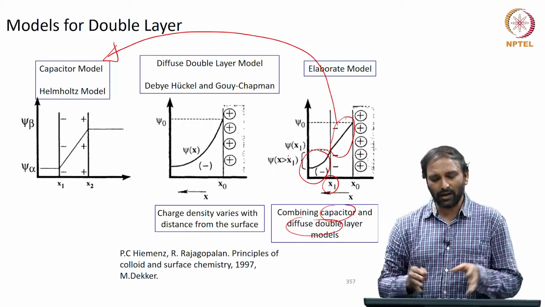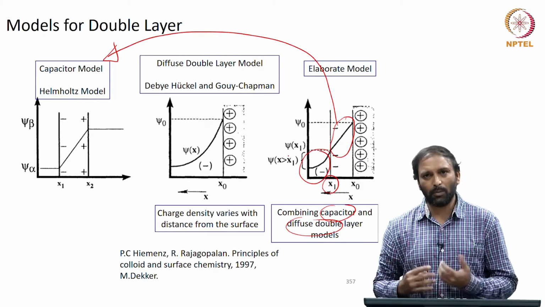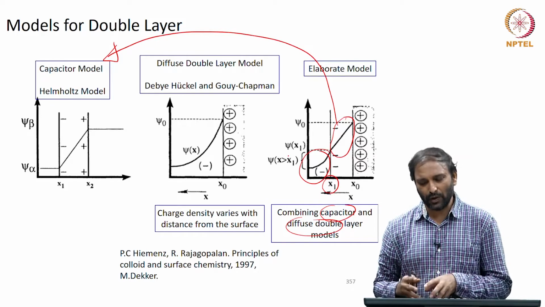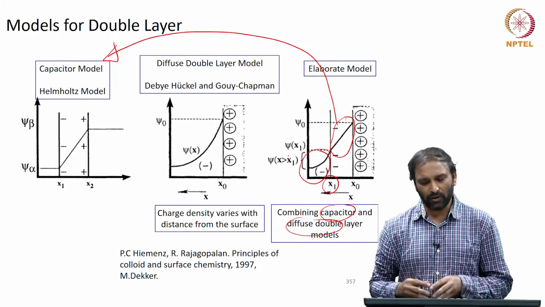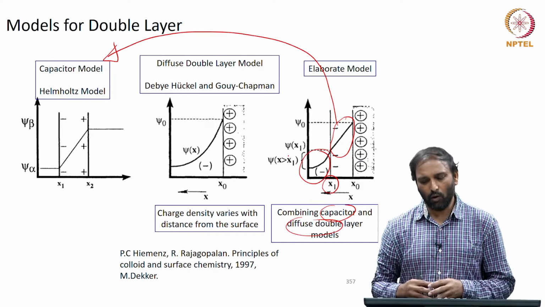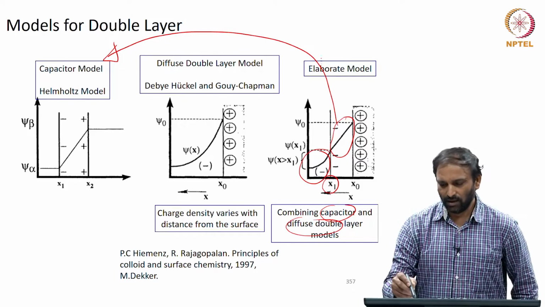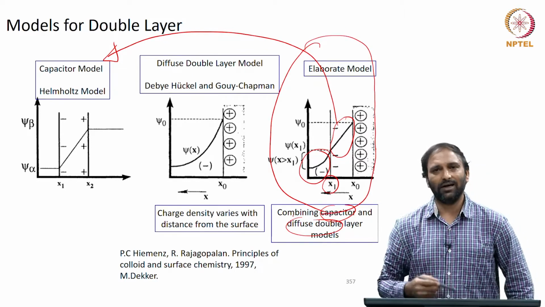So one could combine both models to come up with a more elaborate model, and because we know how the potential varies in the two regions, one could exploit this to come up with a more general description of the electrical double layer, and this is the situation which is closer to reality.